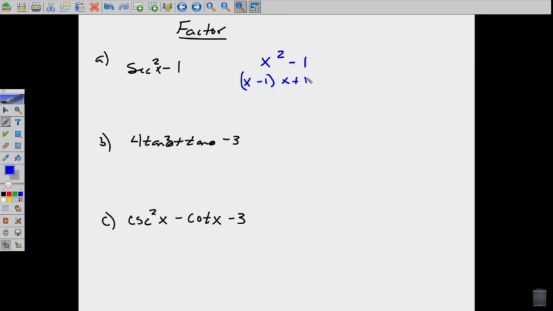If I had that, I would break it down into x minus 1 and x plus 1. That's what would bring me there. So the same rules are going to apply here. I'm going to get secant of x minus 1 and secant of x plus 1. Right? If you need to rewrite the trig in terms of variables, go for it. Why not? If that's what makes it work for you, then have at it.